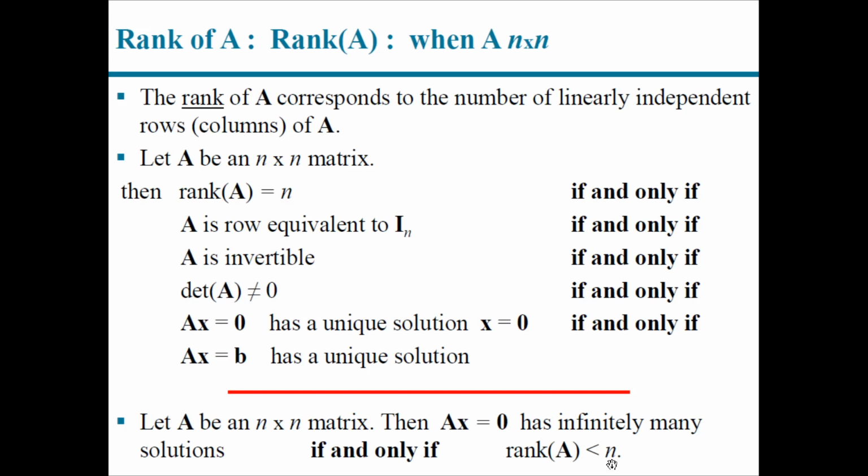Okay, n is the total number of rows and columns. So if the rank is smaller than n, then we will have infinitely many solutions, because then we have at least one row in our reduced echelon form that will be 0. So we will have more unknowns than equations, so we will have infinitely many solutions. Okay, but when the rank is full, when rank is n, then we have a unique solution.